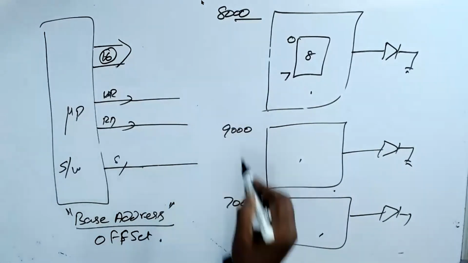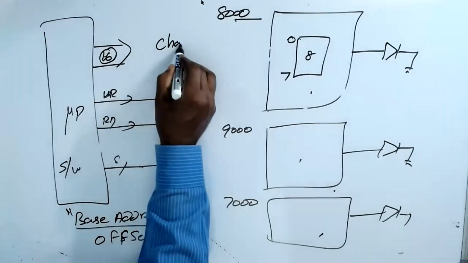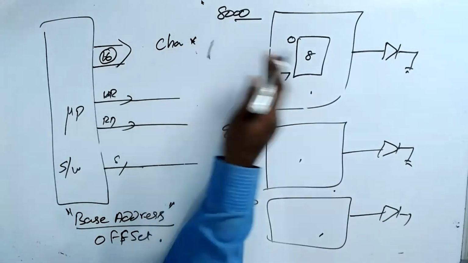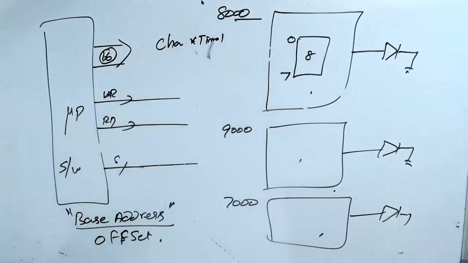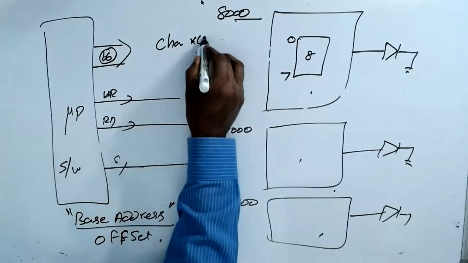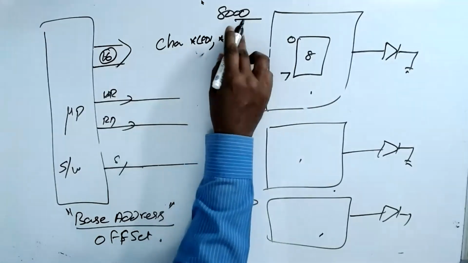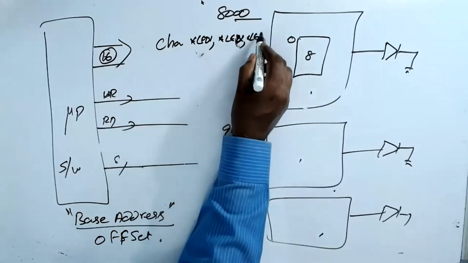It's a base address. If I write a program, I declare char *LED1, *LED2, *LED3. See that?